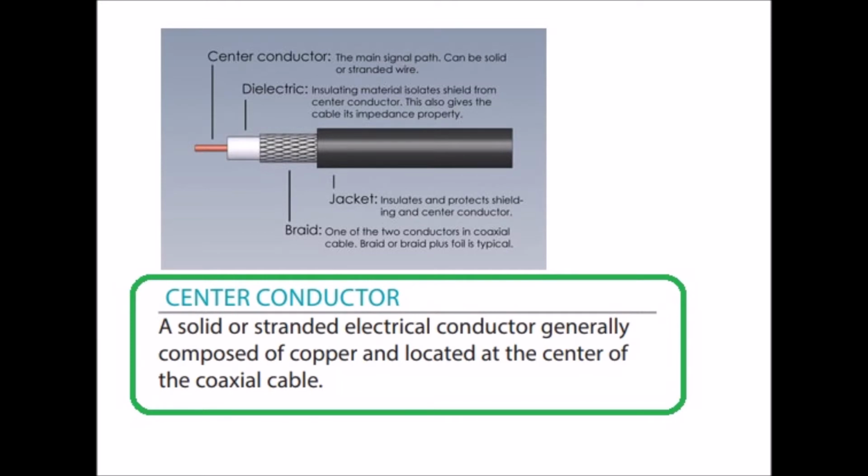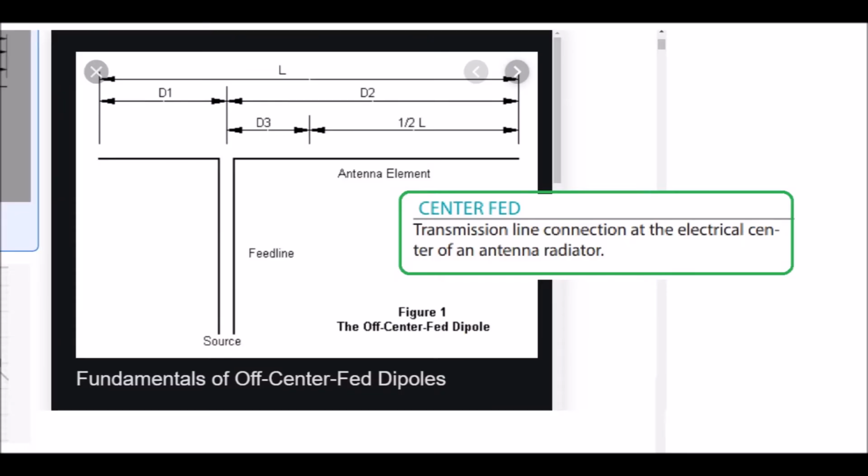Center conductor. A solid or stranded electrical conductor, generally composed of copper and located at the center of the coaxial cable. Center fed. Transmission line connection at the electrical center of an antenna radiator.